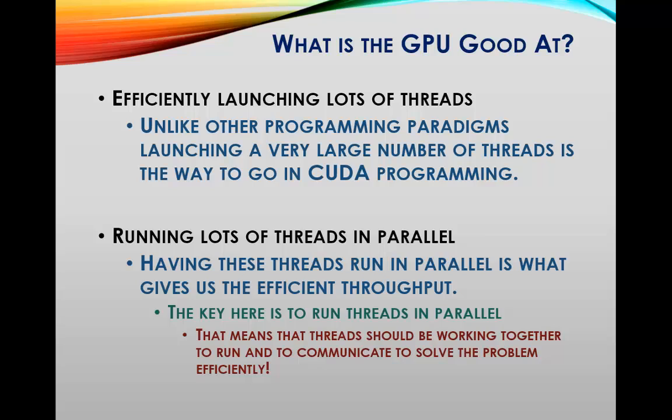And later on we'll see what kind of patterns are best exploited, and what kind of patterns, if you fit your algorithm in, will enable your threads to run in parallel to give you efficiency in completing many tasks in a given amount of time.